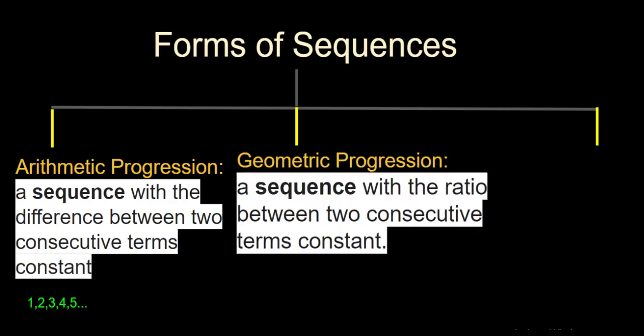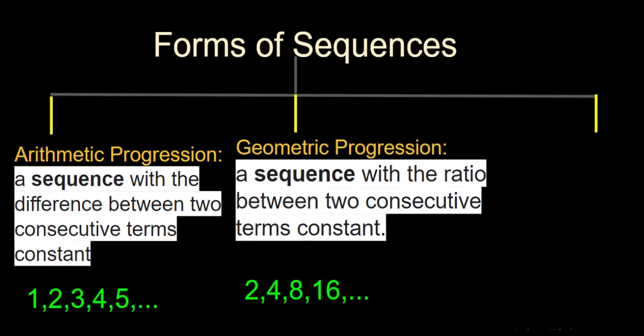The next one is the geometric progression or geometric sequence. We can also say progression. It is a sequence where the ratio between 2 consecutive terms is constant, which means in this case, to find the next term, you have to either multiply or divide by some constant. For example, you have here 2, 4, 8, and 16.